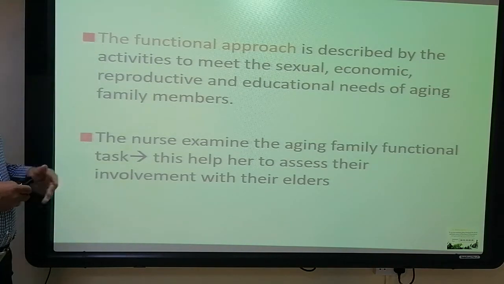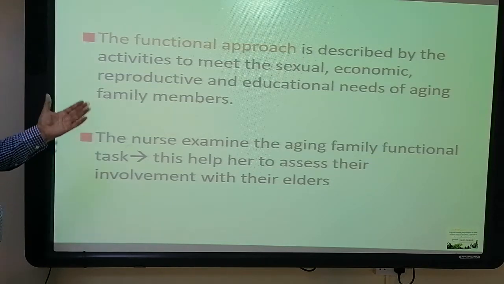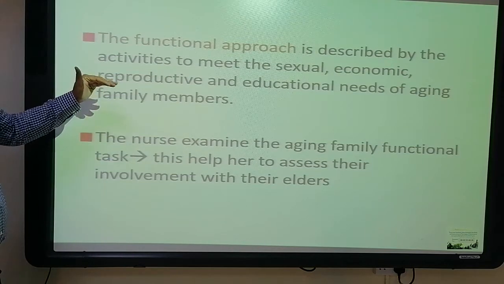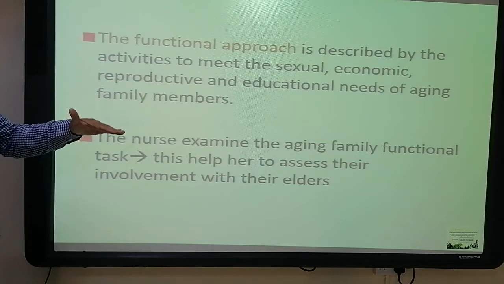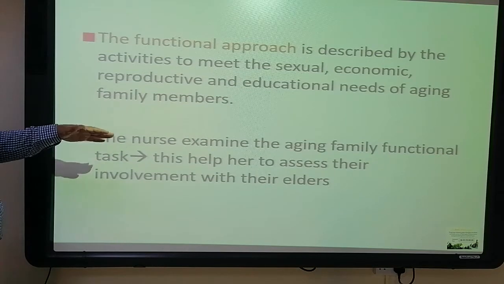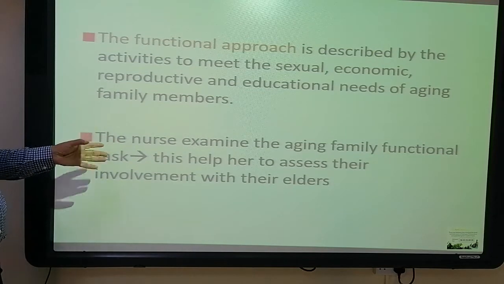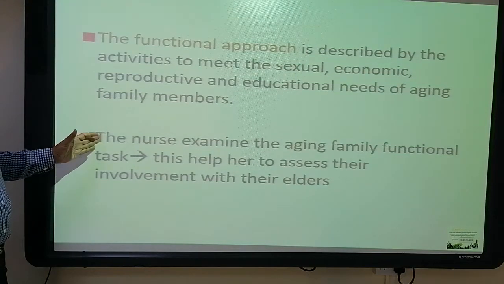The functional approach is described by activities of meeting the sexual, economical, reproductive, and educational needs of aging family members. So all that approach should be maintained.